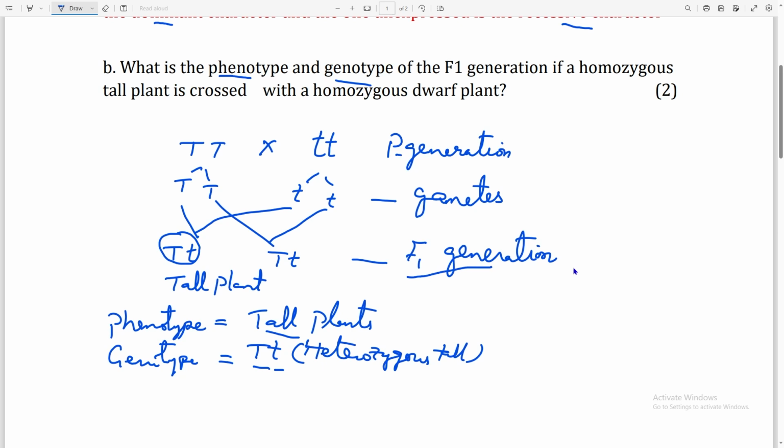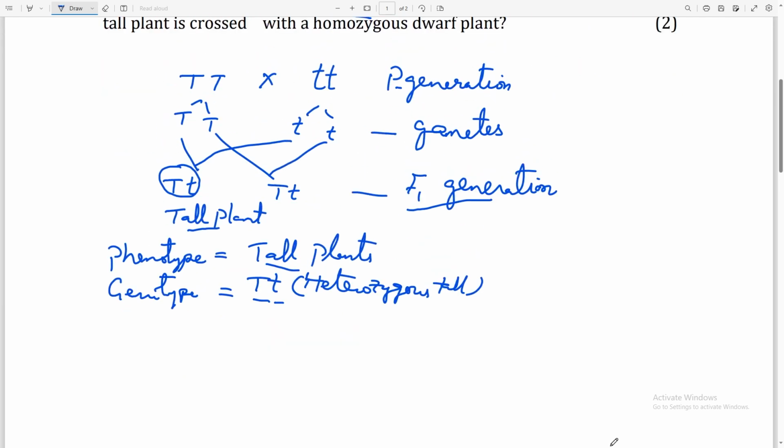In the F1 generation, we find all the plants are tall, all the tall plants. We don't find any dwarf plants. So the expression is only one type of plant. So it will be 1:0. So what do you get here?